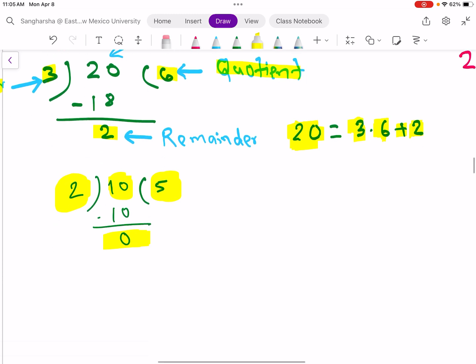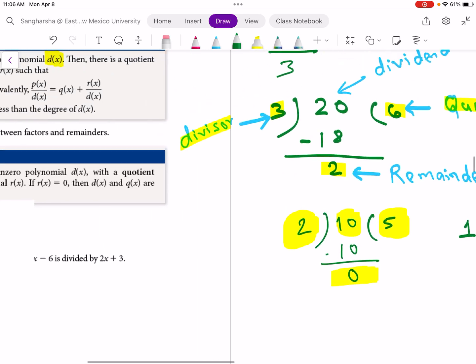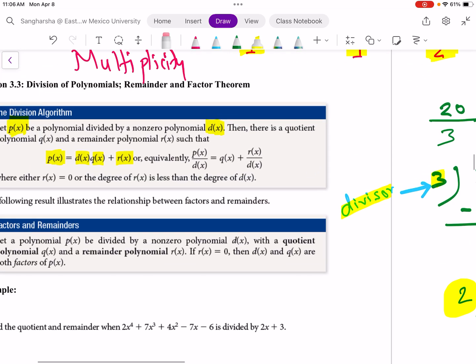In a similar way, 10 is the dividend, so 10 equals divisor 2 times quotient 5 plus remainder 0. That's what it means here.